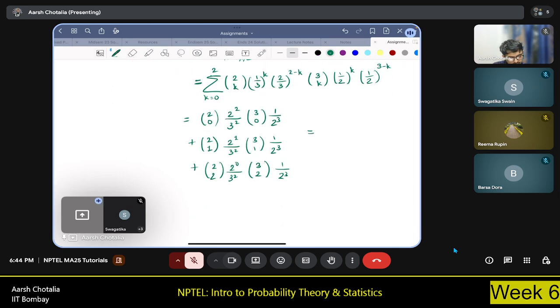Okay. This is equal to, the first one is 1 times 4 times 1 divided by 3 square into 2 cube, plus 2c1, which is 2, times 2 times 3 divided by 3 square into 2 cube, plus this one, 2c2 is 1, 2 raised to 0 is also 1, 3c2 is 3, divided by 3 square and 2 cube.